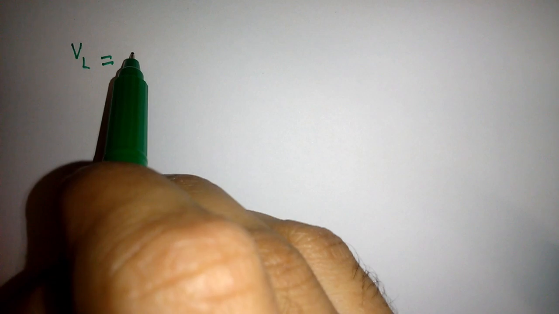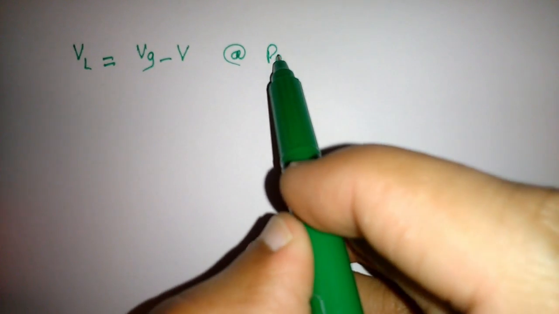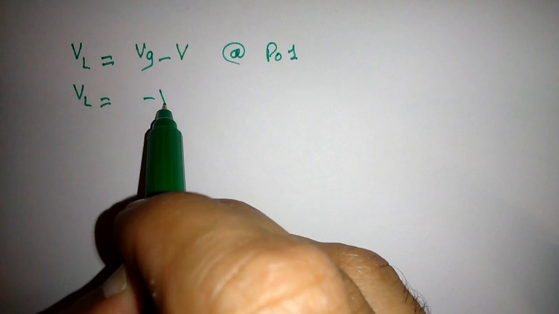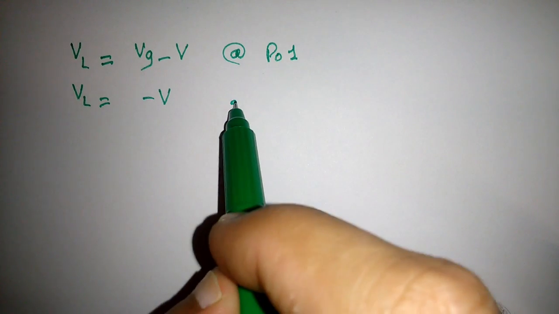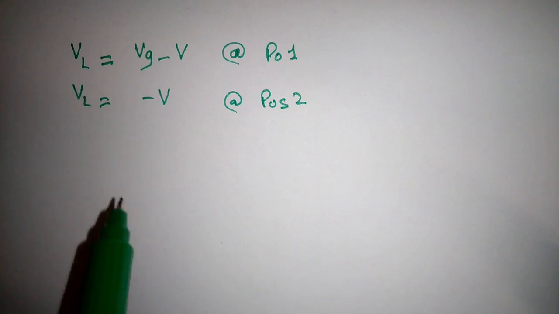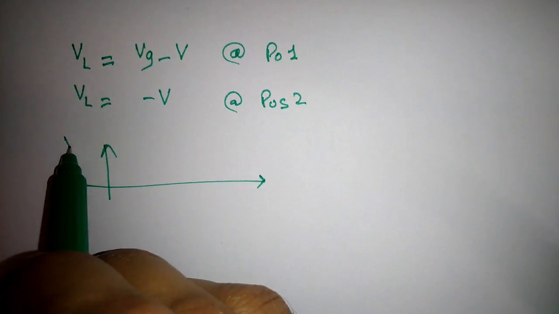Now we will see how we can find the output voltage. As we just discussed, VL is equal to Vg minus V when the switch is at position 1, and VL is equal to minus V when the switch is at position 2. So basically this is how it is.